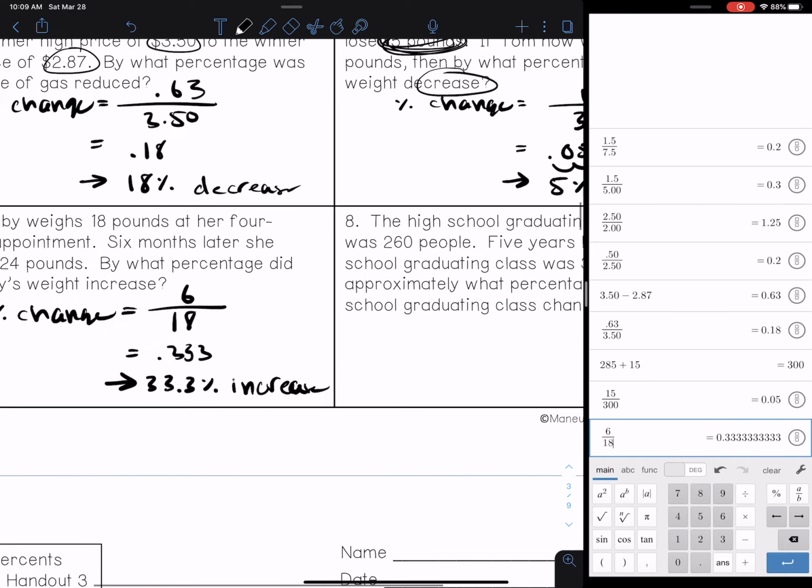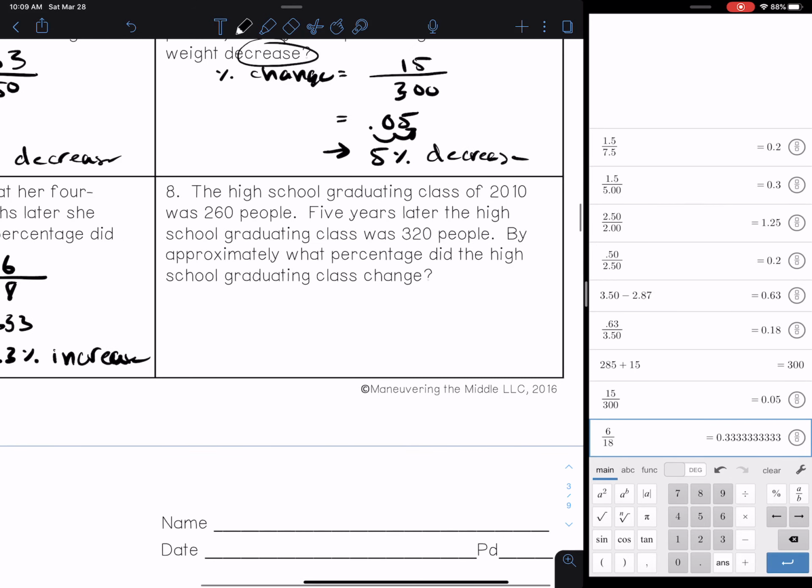Number 8. The high school graduation class of 2010 was 260 people. 5 years later, the high school graduating class was 320 people. By approximately what percent did the high school graduating class change? Okay. Percent change. What was the change amount?